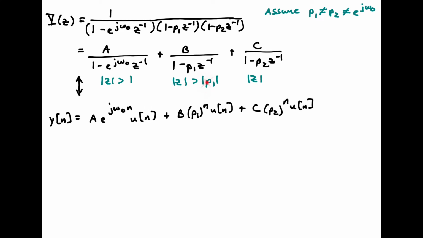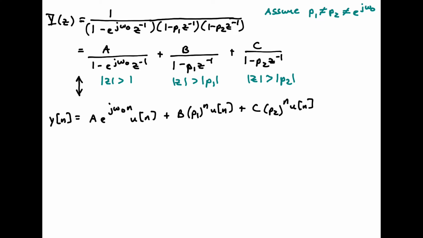In this case, it's |z| greater than the magnitude of p1. And in this case, it's |z| greater than the magnitude of p2. So we have those three regions of convergence for these three different terms, and then we can easily take the inverse transform because they all fit that standard form that we have available to us in the table.